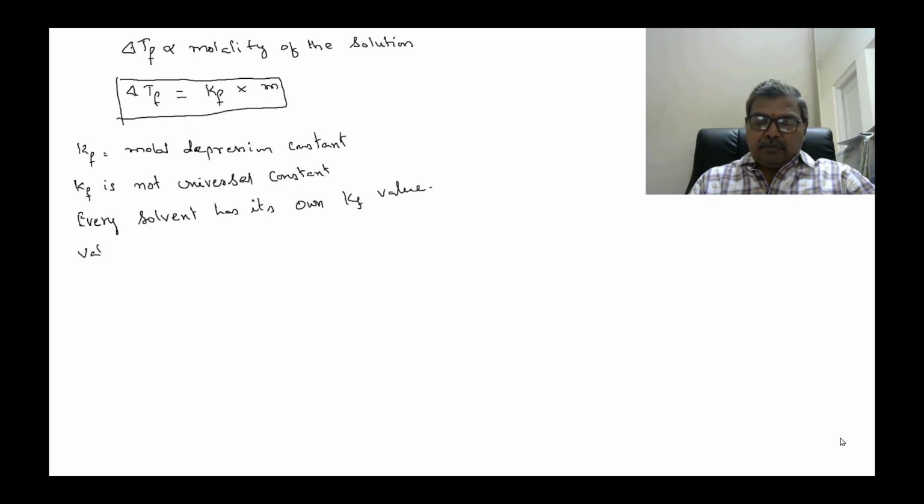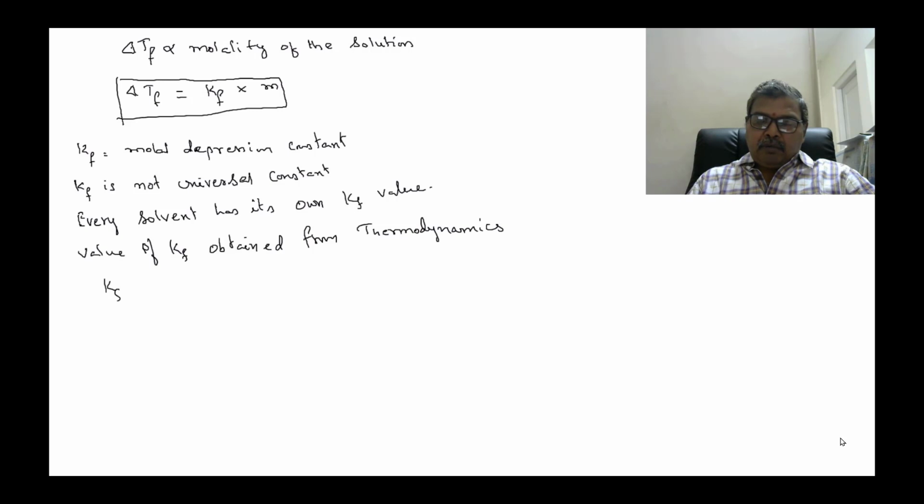Value of Kf is obtained from thermodynamics.